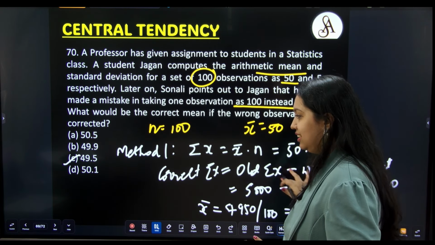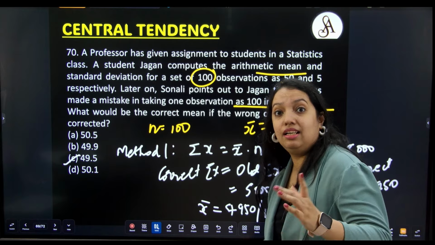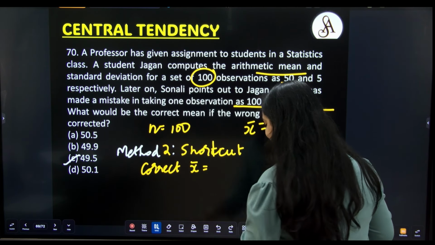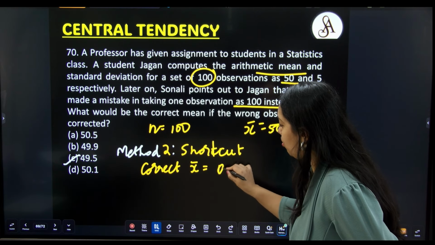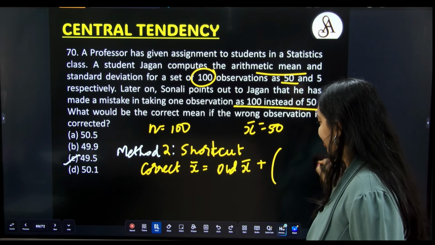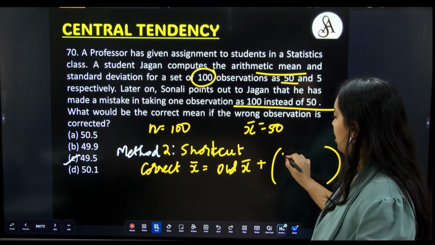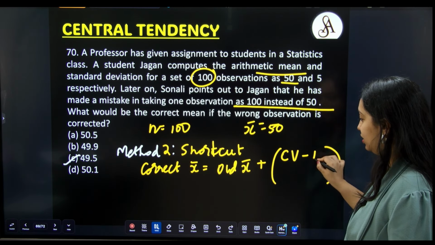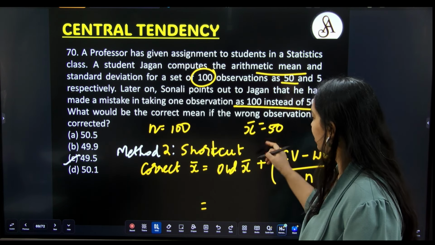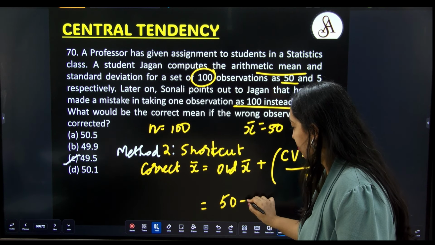But I consider this as lengthy method. Instead, let's try the shortcut. Method 2, shortcut. Your correct arithmetic mean formula will be whatever is the old wrong arithmetic mean given in the question. For this, open the bracket. You add correct value, subtract the wrong value, divided by n. Let's try this out. What is the old arithmetic mean given in the question? 50 plus.